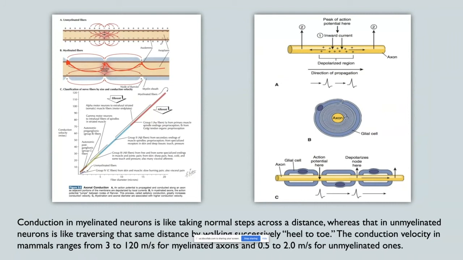While if you have an unmyelinated fiber, all of this has to occur very slowly from one channel to another.